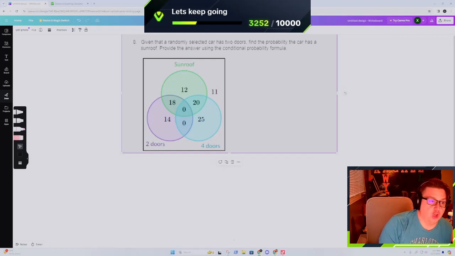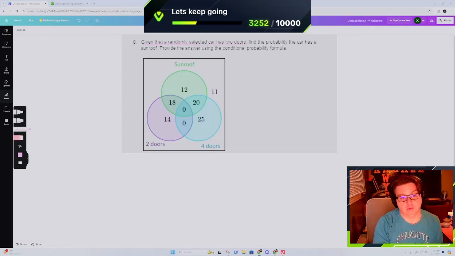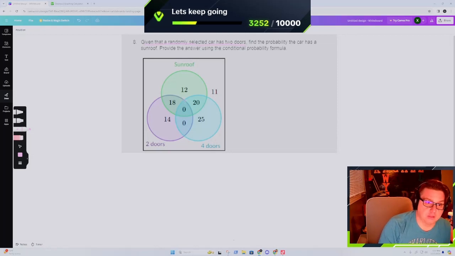Okay, so look at this. They kind of cheated us a little bit, but what did they say right off the get? Given. Oh, so given that a car has 2 doors, this becomes our B value. So the B equals 2 doors.